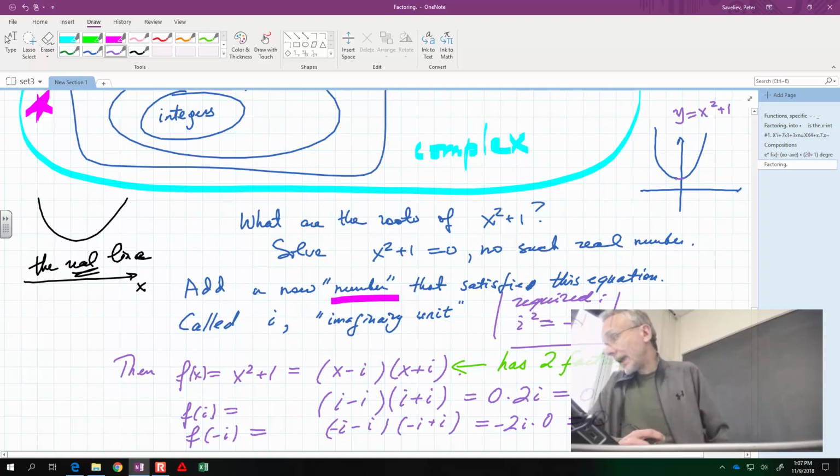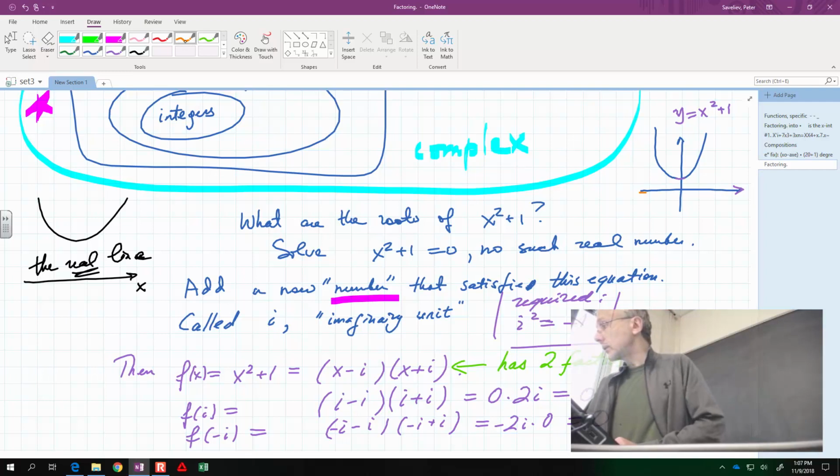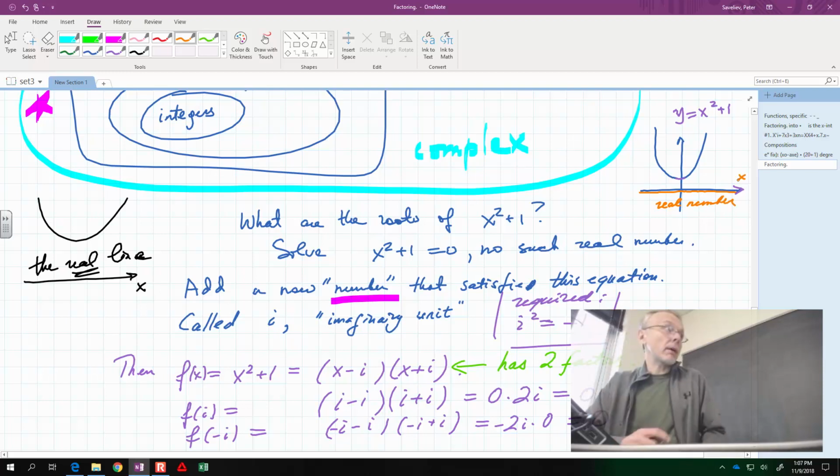So we make it up, adding a number that is not part of the real numbers. The x-axis is literally the real number line, so all the real numbers are there. If we introduce something that's not there, that is certainly not a real number.